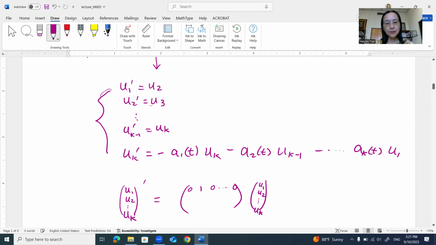In the second equation, only the coefficient of u3 is 1. So the second row has only this entry 1 here. Everything else is 0.